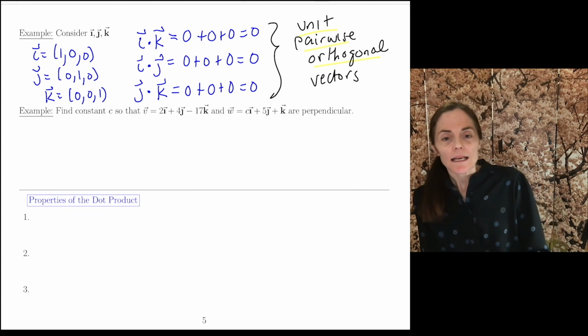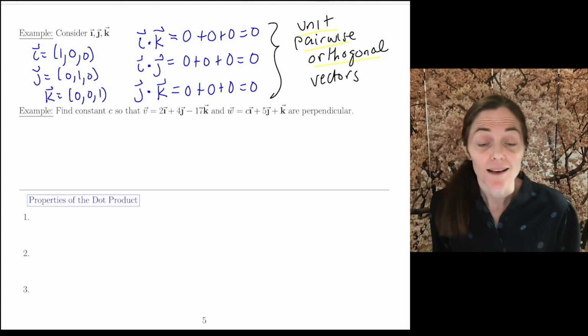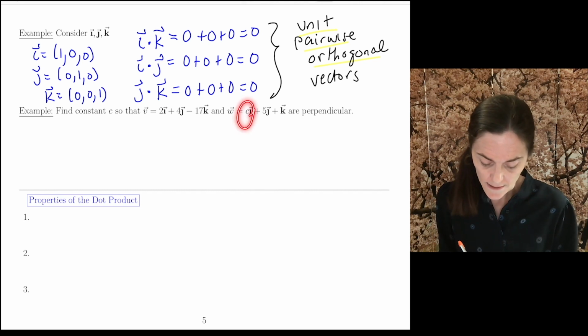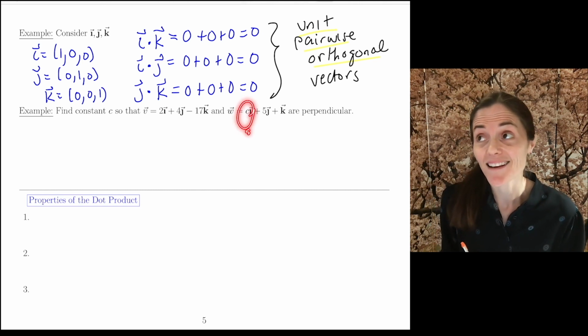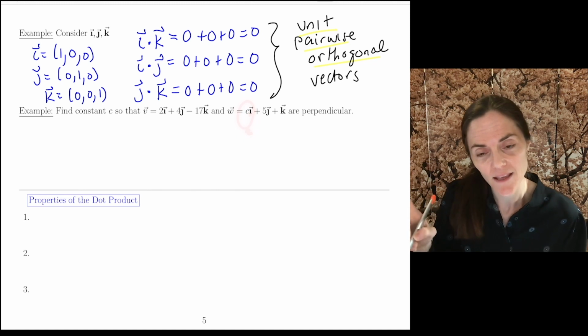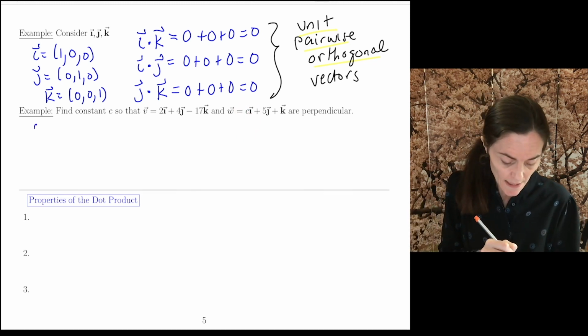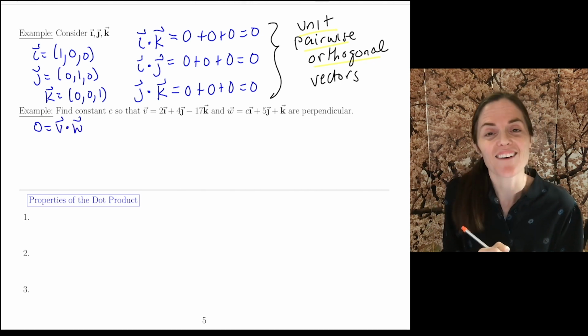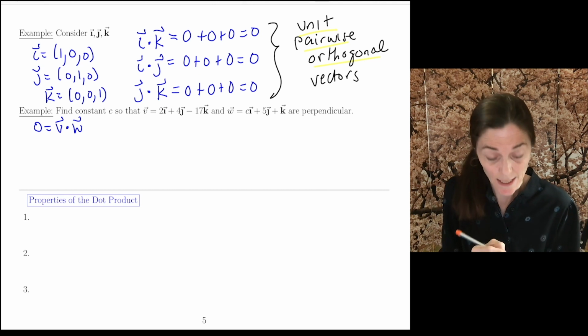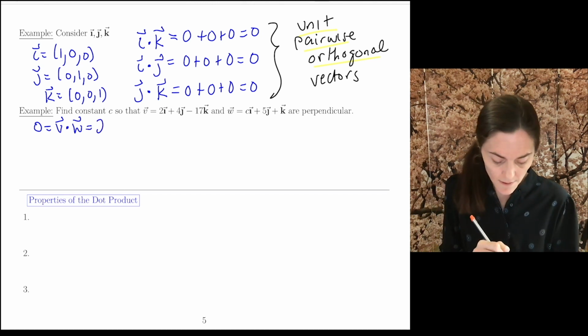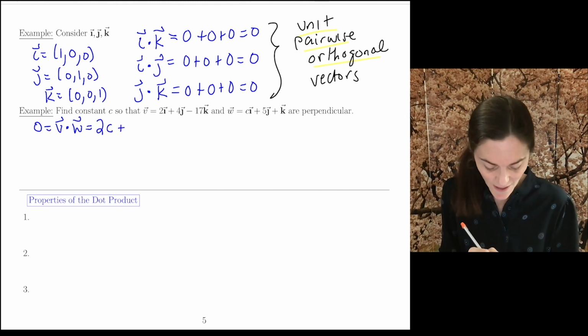And it's here. I give you two vectors, V and W, but W has some constant here. And we want to find the constant c such that V and W are perpendicular. So what we need to do is take the dot product and set it equal to 0. And that will allow us to solve for the constant c. Okay. V dot W is 2c, and then plus, we have 4 times 5.